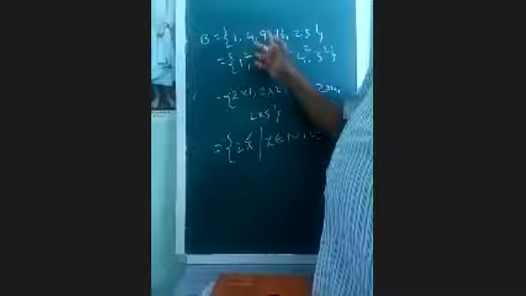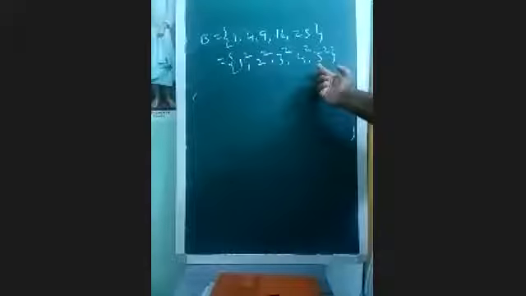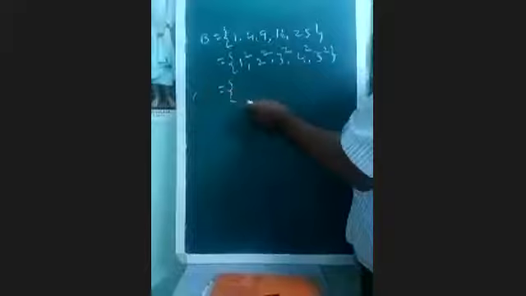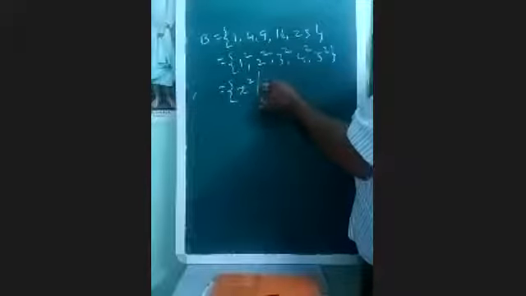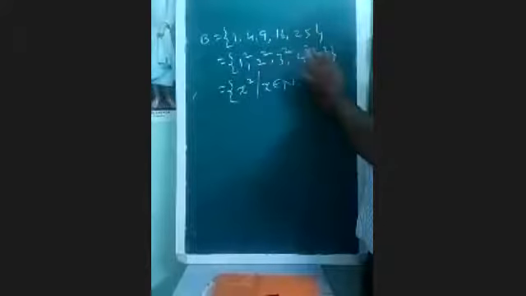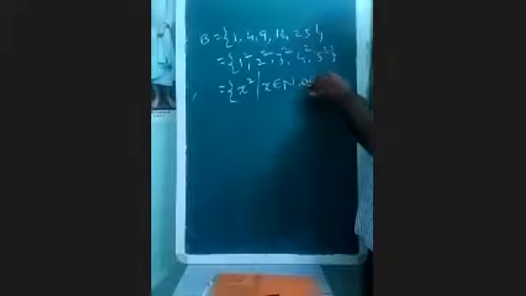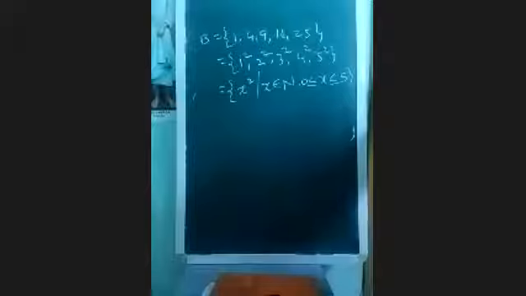The powers are the same, but the bases are different. Those numbers are natural numbers. This can be written as x square such that x belongs to N, natural numbers, where x lies between 0 less than or equal to x less than or equal to 5. This process is called set builder form.